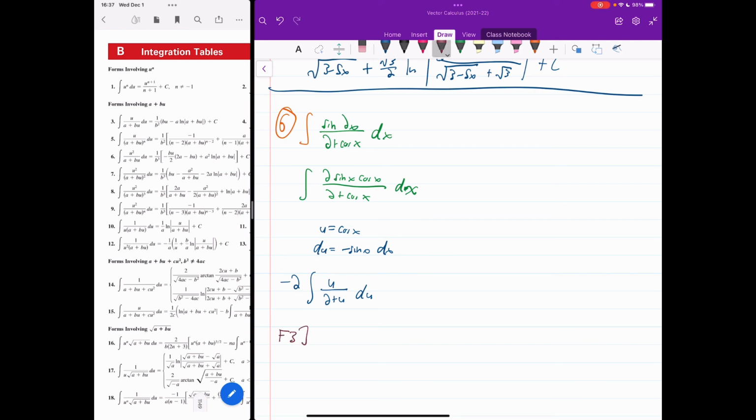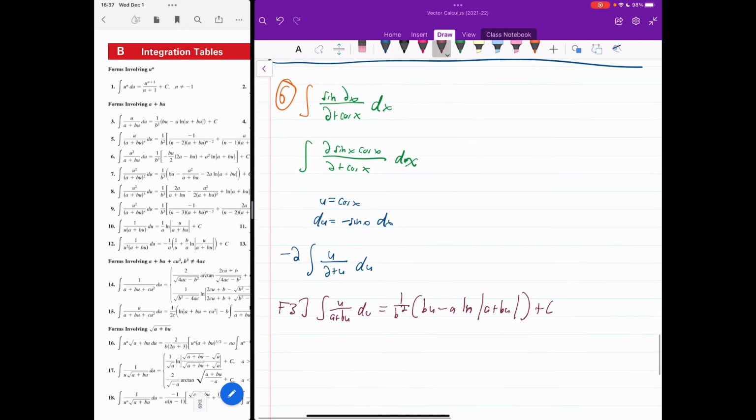And if you look back over this u over a plus bu du thing, formula 3 is looking pretty good. Formula 3 says that the integral of u over a plus bu du is 1 over b squared times bu minus a ln absolute value a plus bu, plus c.